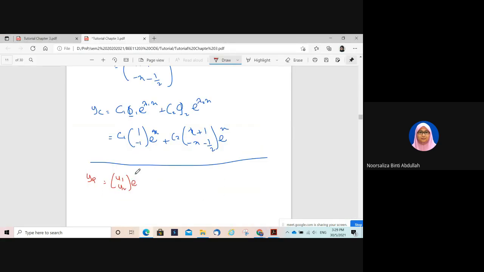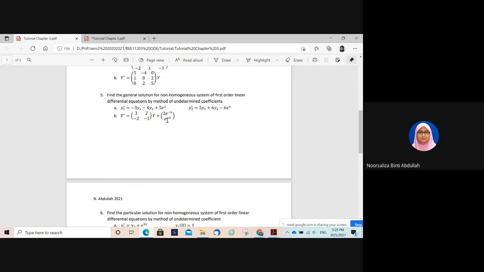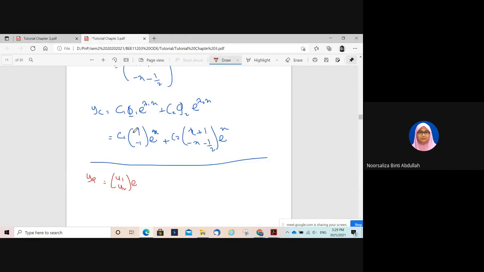Exponent lambda, so in this case it is minus X, exponent minus X. So you compare this YP with YC, the pattern. Is the pattern the same or not?